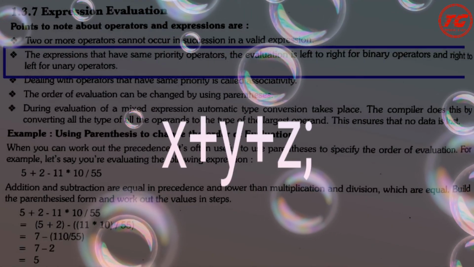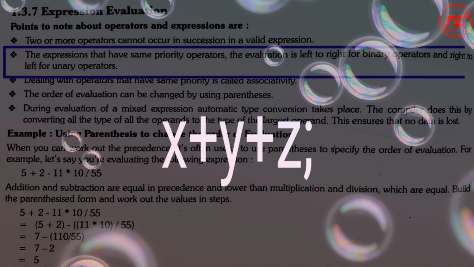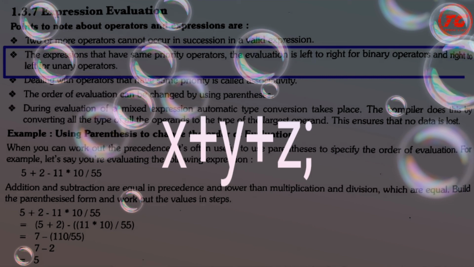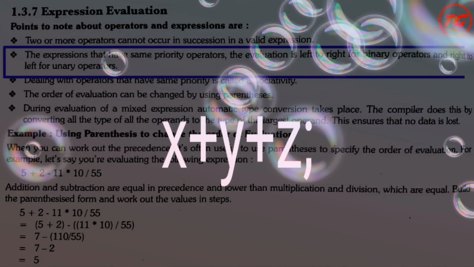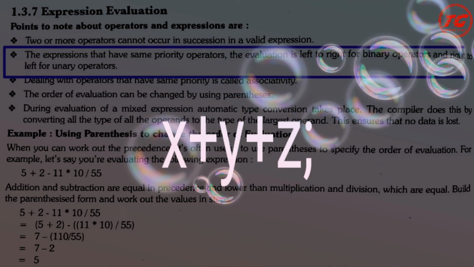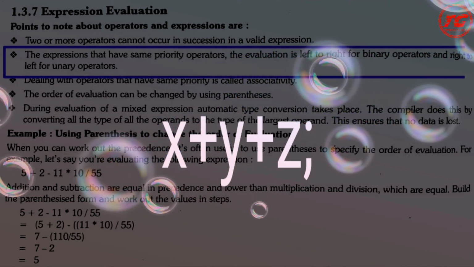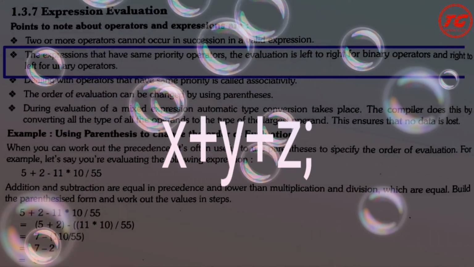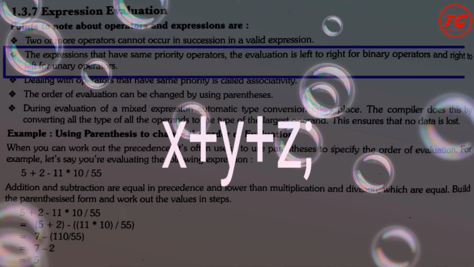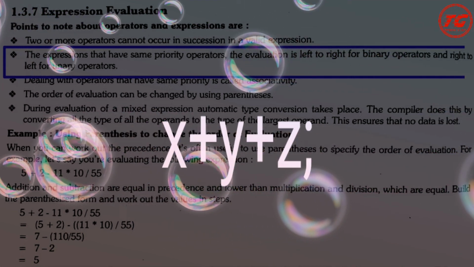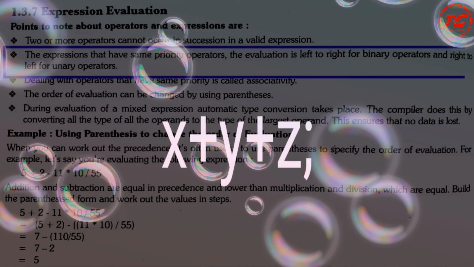Suppose we have the expression x plus y plus z. Now plus is coming two times, with the same priority. Which addition will be done first: x plus y, or y plus z?